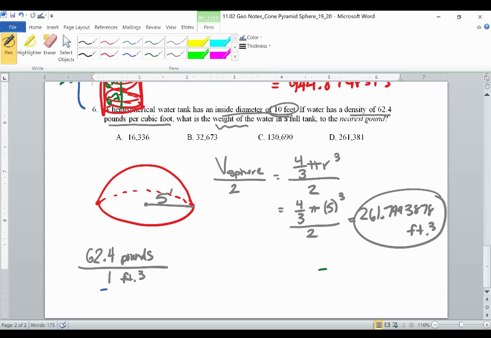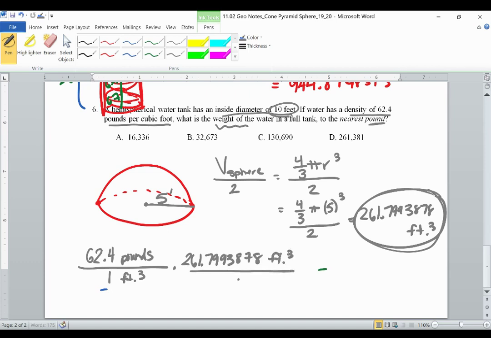I want to find how many pounds the water is. Well, I know that the volume, which is also in feet cubed, is 261.7993878. So if I multiply these together, my feet cubes will cancel out, leaving me with pounds.